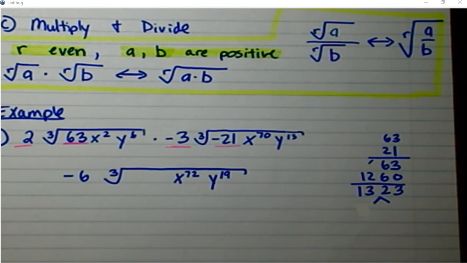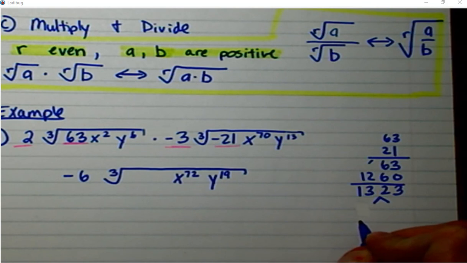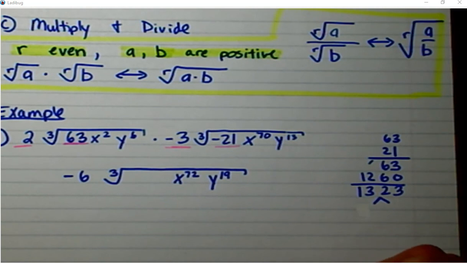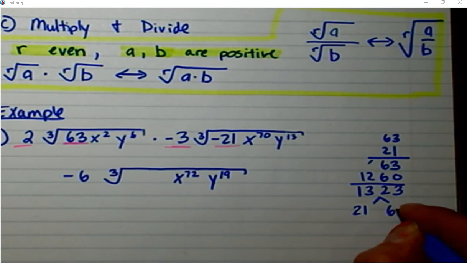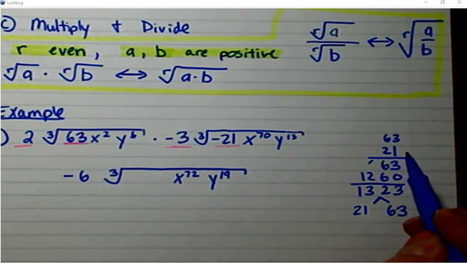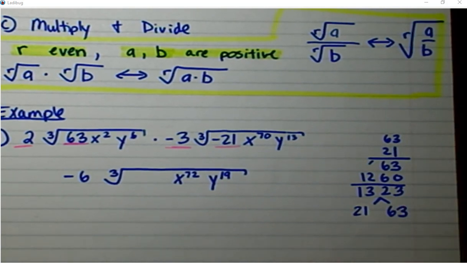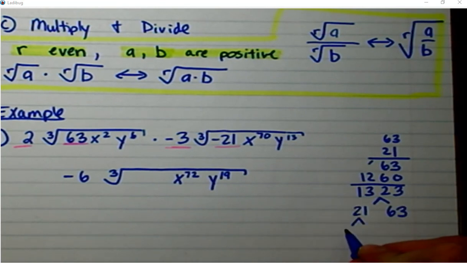Now, I actually just did multiplication. So what two numbers could you pick to start your factor tree? Let's say I use 21 and 63. I did, however, just multiply them, so I know that 21 and 63 are two factors here. And then I'm just going to work my factor tree from here.